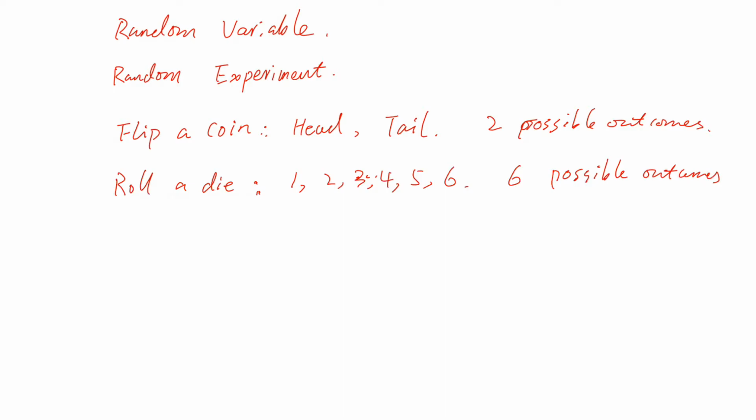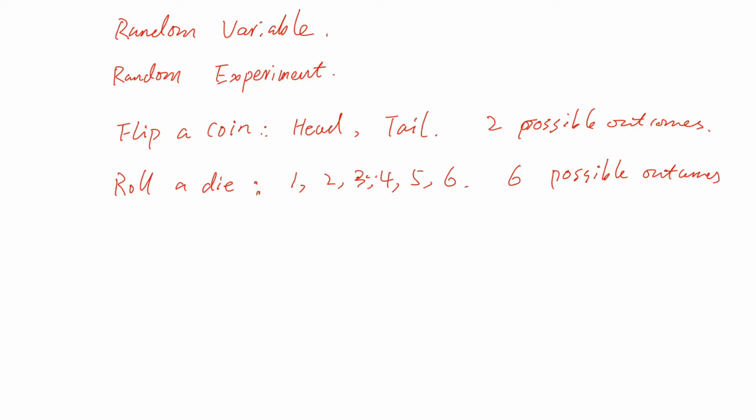Therefore, it is a random experiment. Now, as you can see, as long as a process or procedure has more than one possible outcomes, it is, by definition, a random experiment. And you will see that there are many such random experiments in life, right? So here I give just 2 very simple examples.